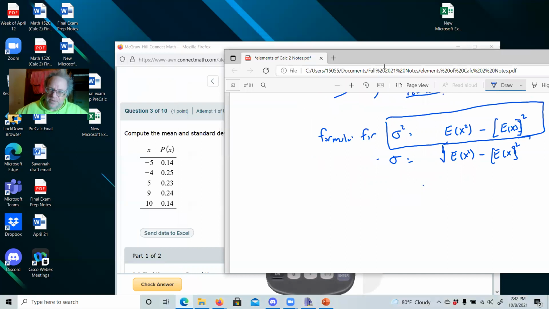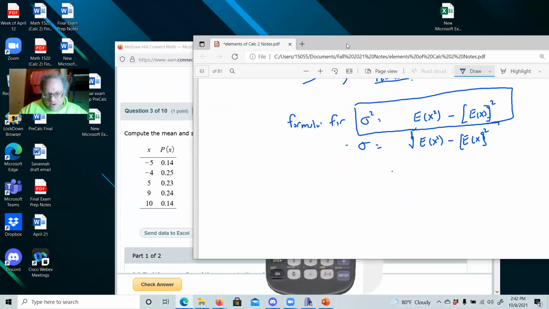So let me show you how I do this. We write down our x and P of x. This is the stuff that we're given. So we have x equal to what? We have -5, -4, 5, 9, and 10.